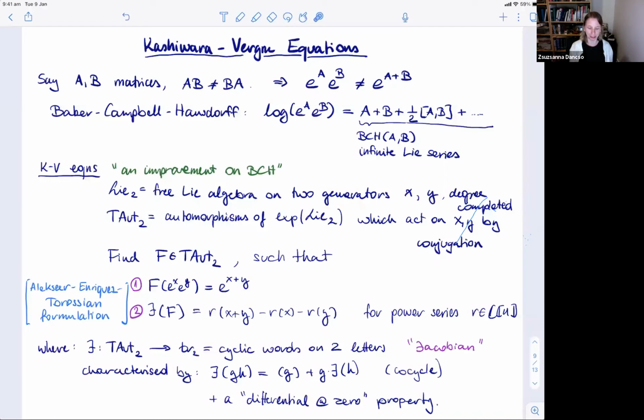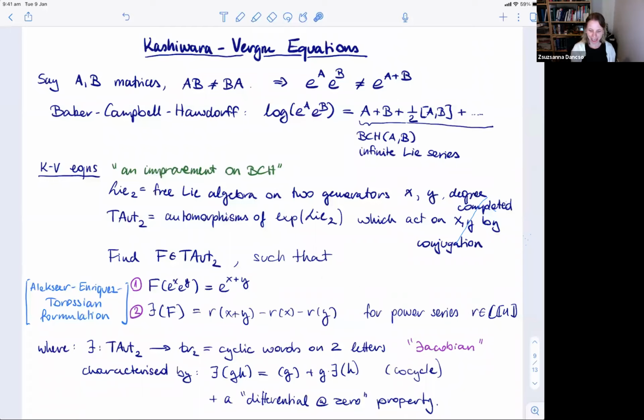And the Kashiwara-Vergne equations are to find an element of this space T02, this automorphism group, such that it sends e to the x, e to the y to e to the x plus y, which are the participants in the BCH series, and some other technical condition.